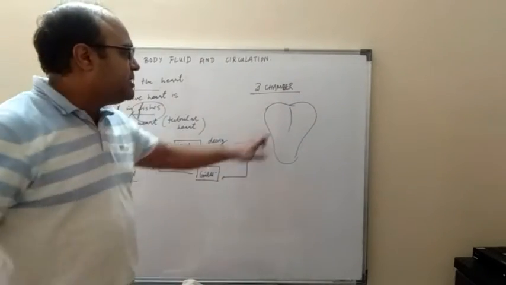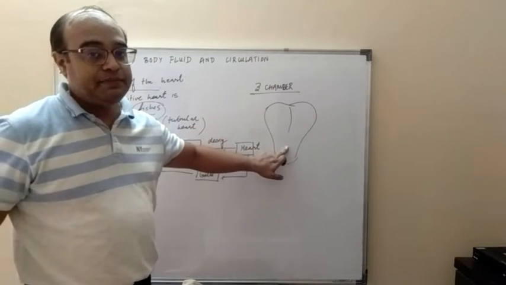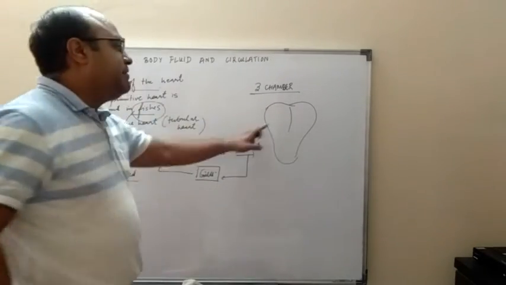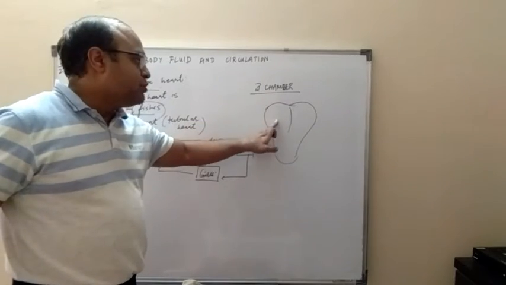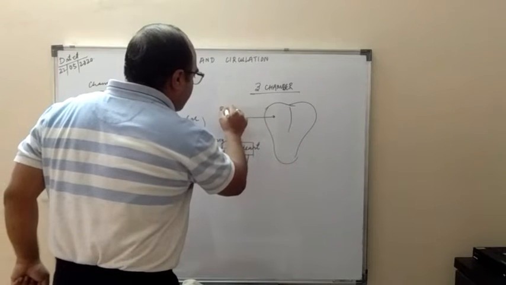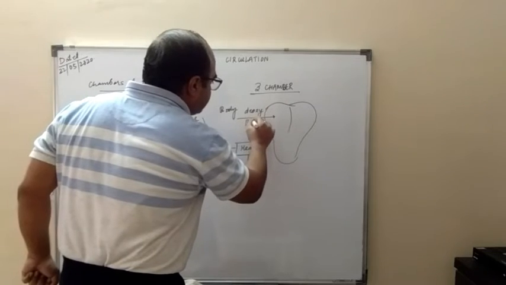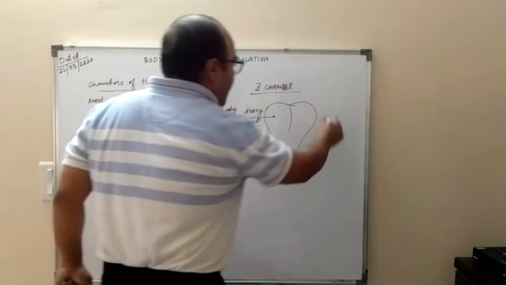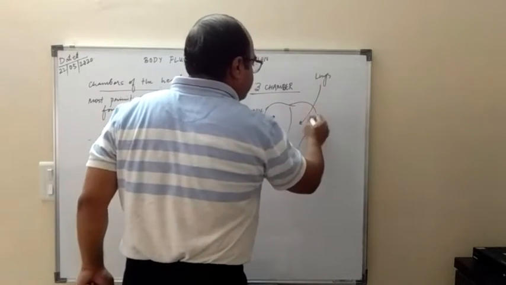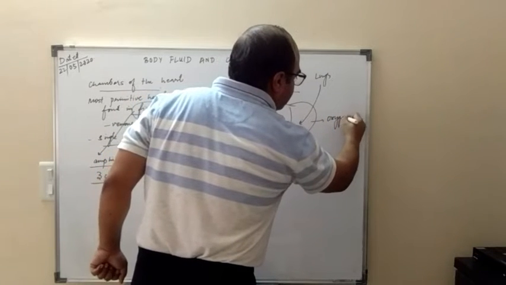the auricle is divided into two parts, but the ventricle seems to be undivided. Both the auricles are divided. So this one is going to receive the deoxygenated blood from the body, and from the lungs, this part is going to receive oxygenated blood.